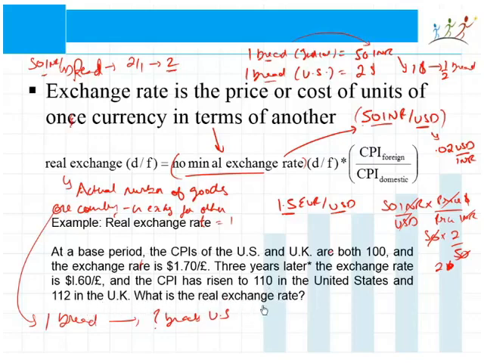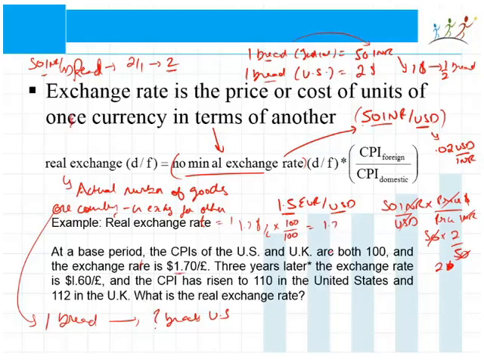What is the real exchange rate? To begin with, the real exchange rate is 1.7, because $1.7 per pound multiplied by the price in pounds divided by the price in dollars would give us 1.7.